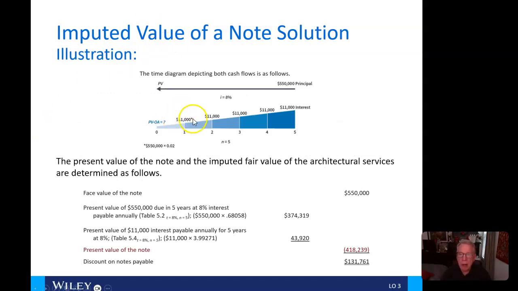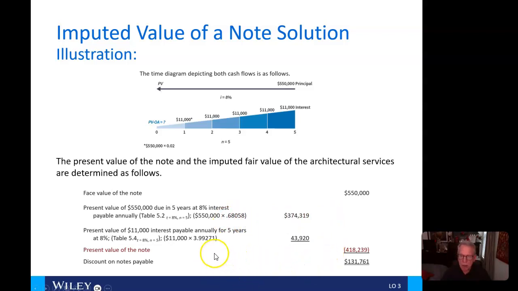Well, let's look at the time diagram. Here's the $11,000 cash interest payments, and the $550,000 principal. So the face value of the note was $550,000. The present value, again, will go into the table 2 for the present value of an amount at 8% for 5 years, and that factor times 550,000 is $374,319.